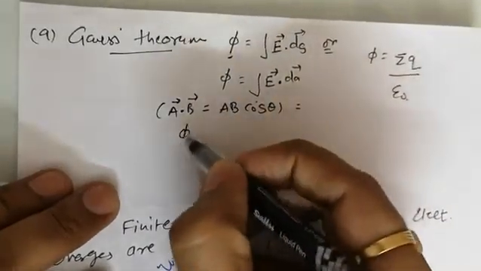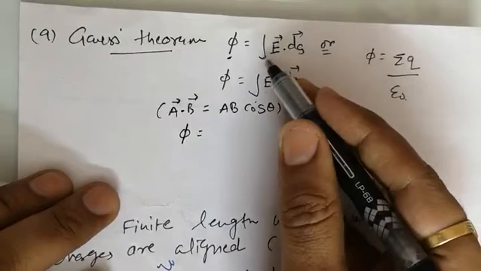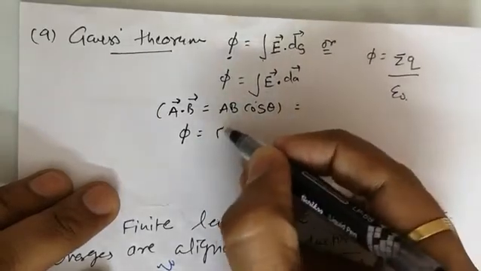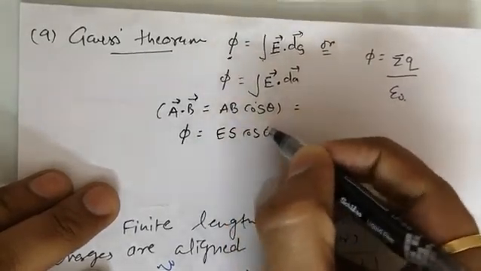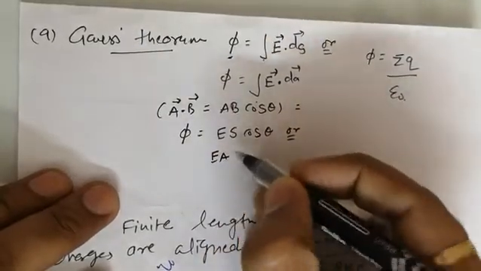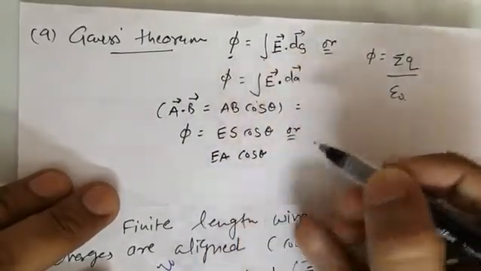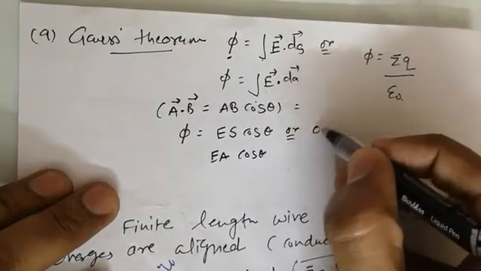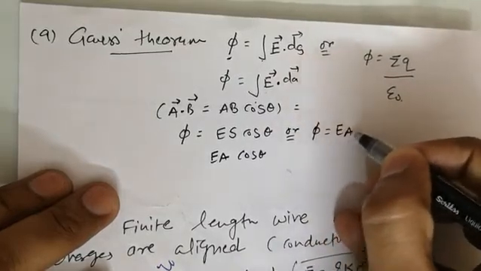So we can have a flux phi. If we are doing integration, we will have E cos theta, or if you have a plane area A instead of a surface, you can say EA cos theta. So the flux phi equals EA cos theta.